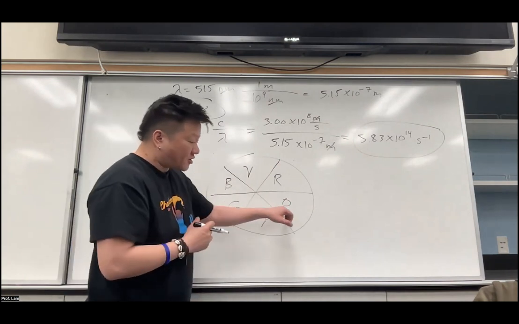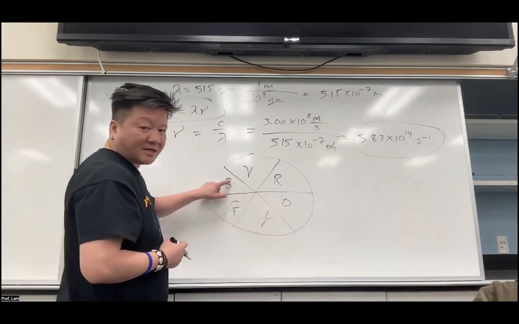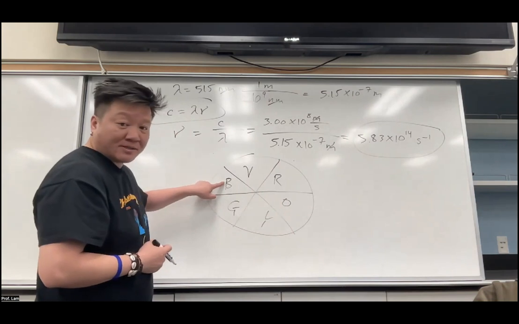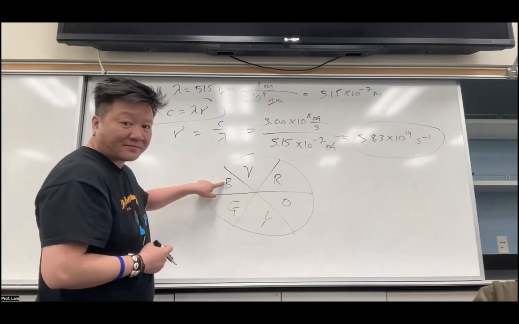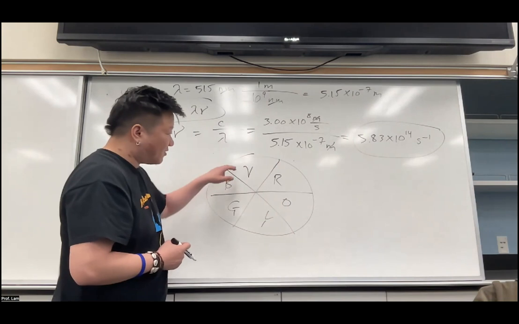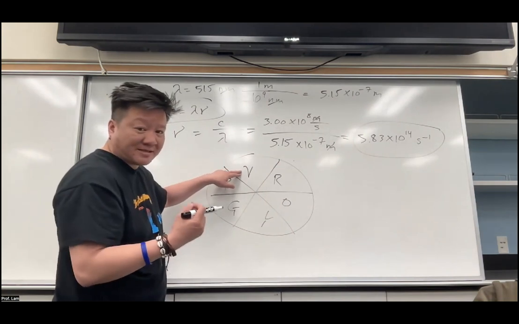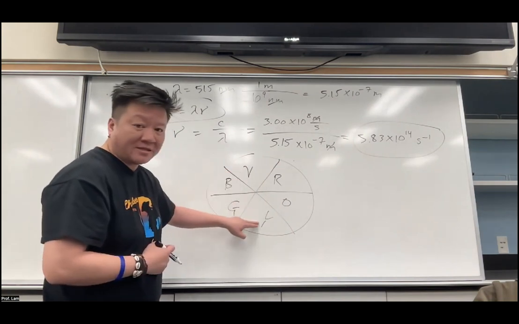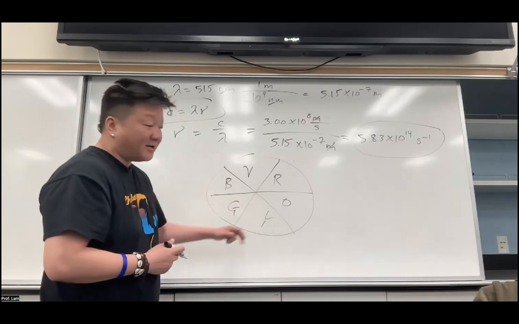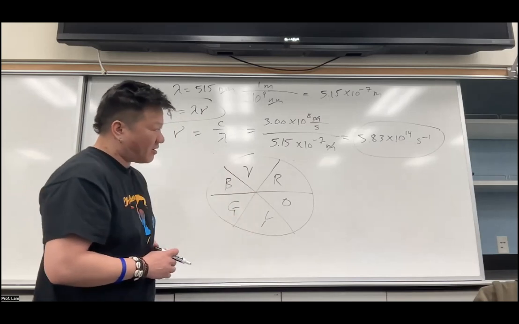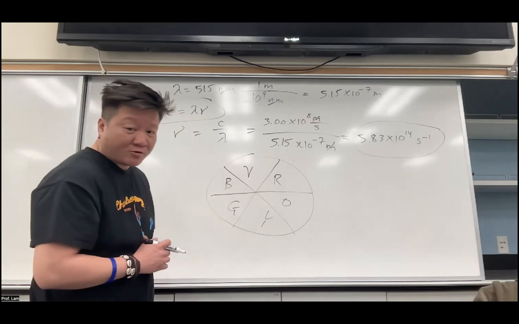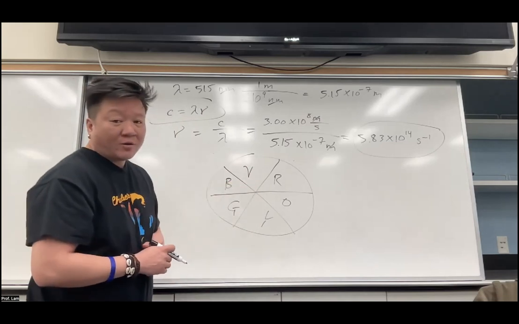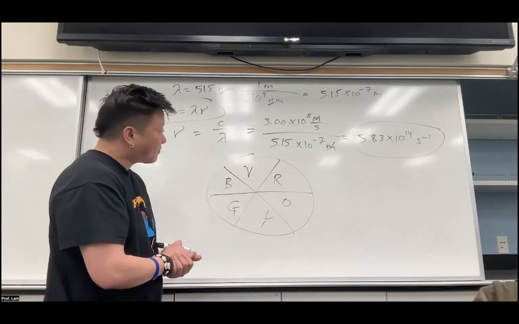If something appears orange to your eyes, it's because blue is being absorbed by that thing. If something appears purple to you, that's because that material is absorbing yellow light. So that's how I would remember. If you know how to draw the color wheel, you'll know what the complementary colors are.